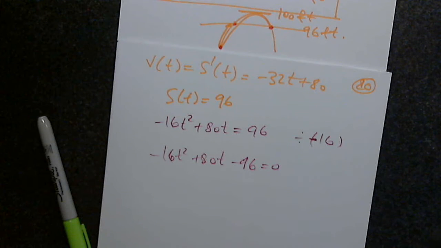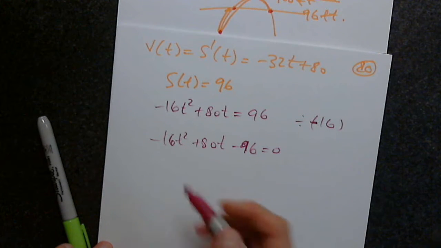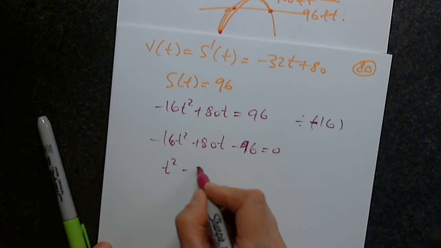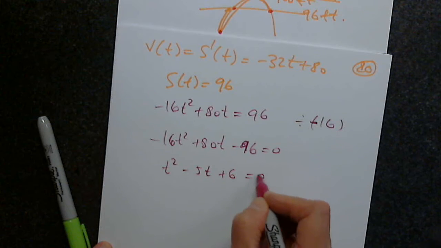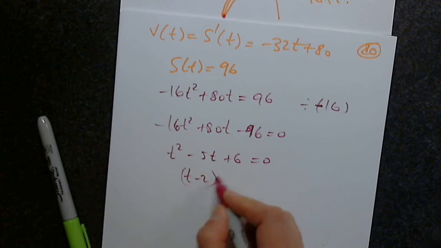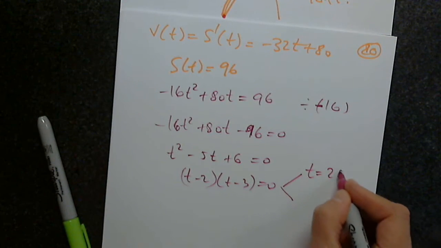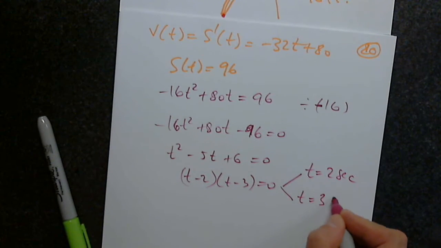So 80 divided by 16, I think it's 5. And 96 divided by 16 is 6. So t squared minus 5t plus 6 equals 0. That's really nice because it's t minus 2 and t minus 3 equals 0. And I get that t equals 2 seconds and t equals 3 seconds.